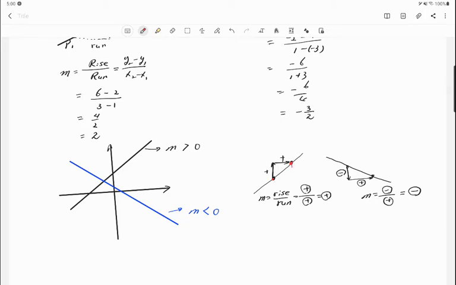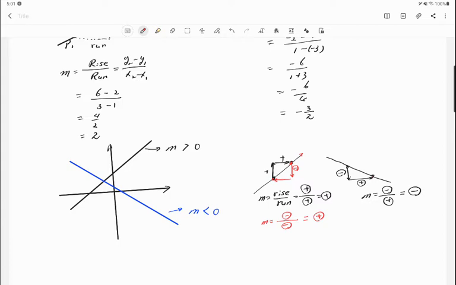In that case, you go down first, right? Going down is negative, and then go left. Left is negative. So run is negative. Negative over negative is positive. So if the right end goes up, then the slope is positive.